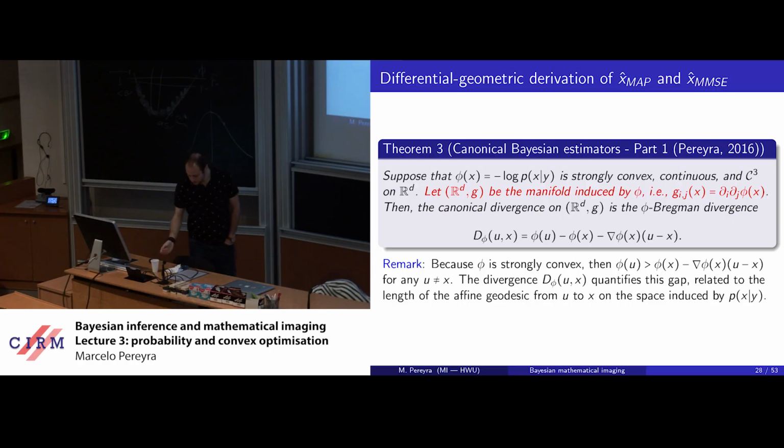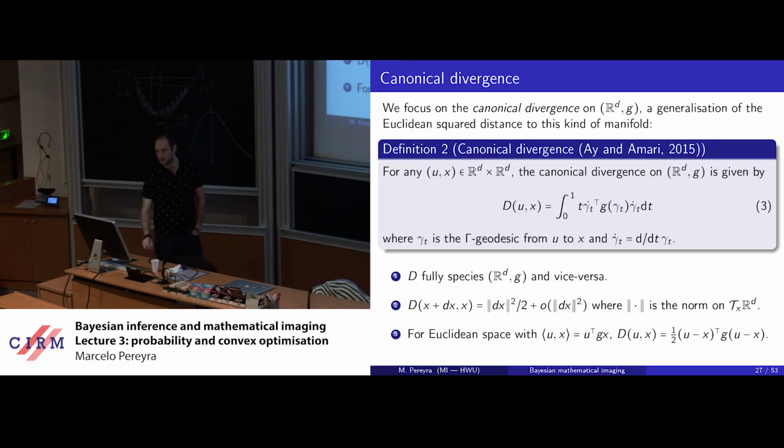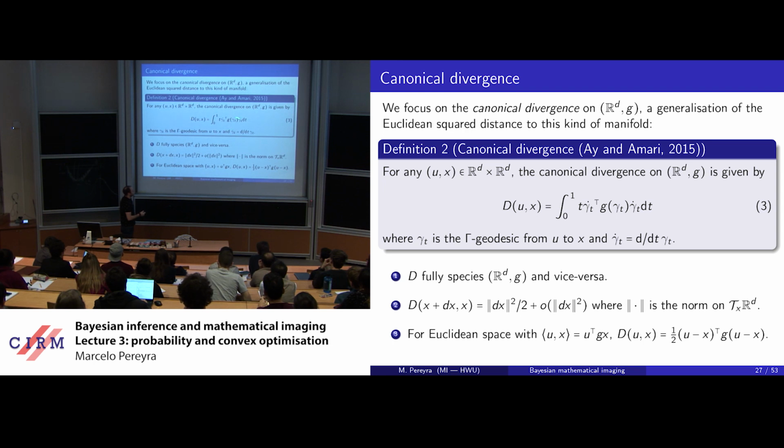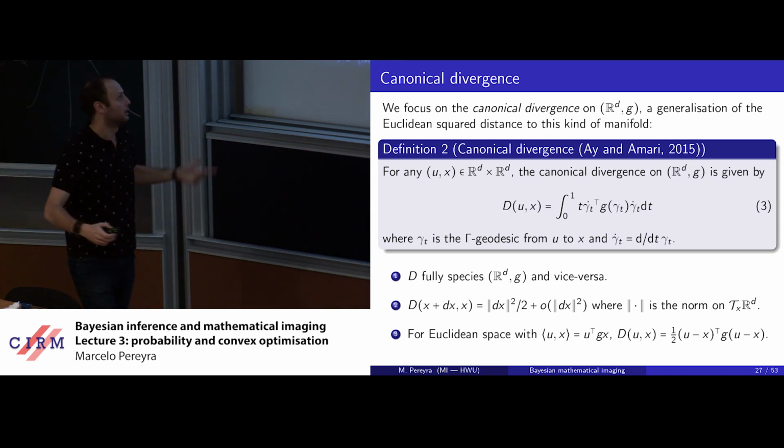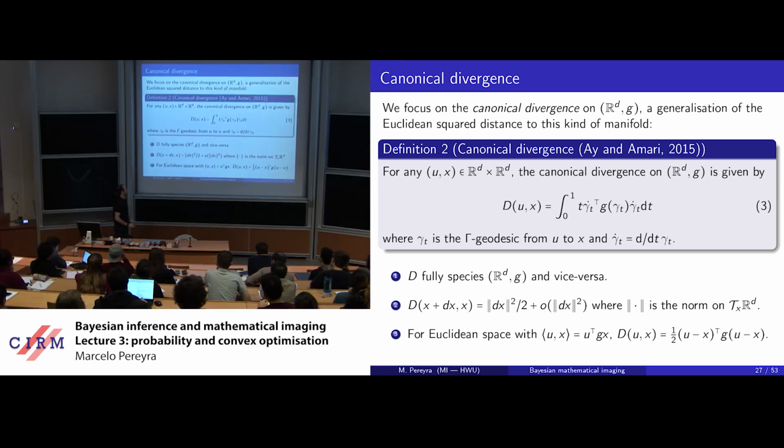And it turns out this measures the geometry of the parameter space in this way. It measures distances by following the affine geodesics. So you have some geodesics that are ways of measuring distances in the space. If you move between mu and x following that geodesic, and for each delta step that you take, you look at the norm of that delta step in the Euclidean space where you currently are, and you accumulate all those delta norms, then you find the length of your affine geodesic.